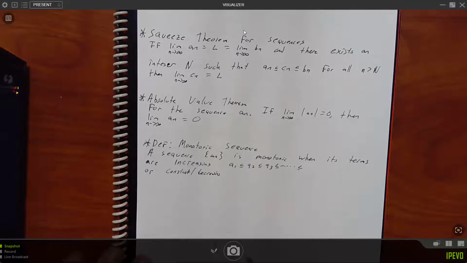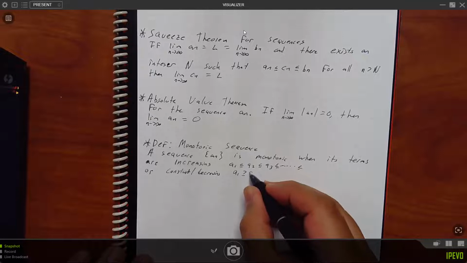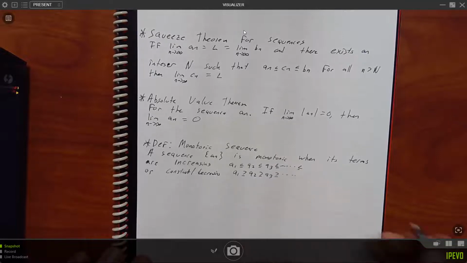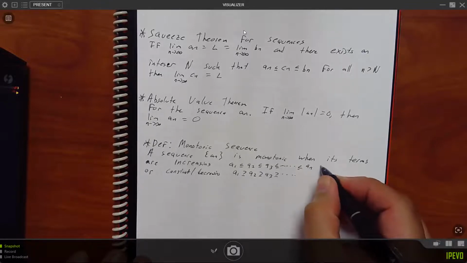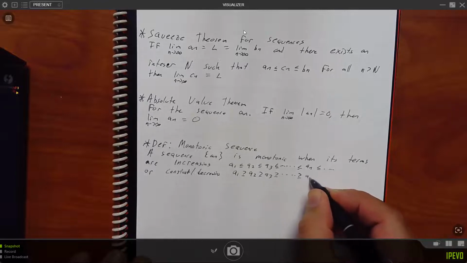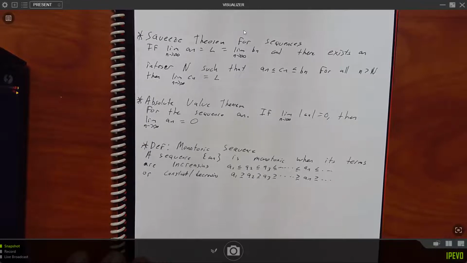Constant or decreasing, meaning a1 is greater than or equal to a2, a3, and so on. Okay, that's pretty much it for 9-1.